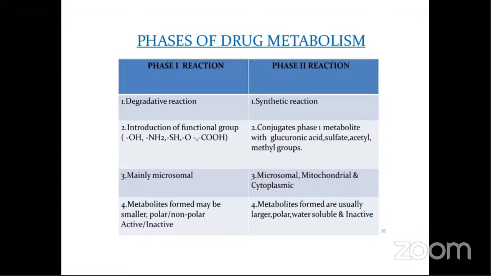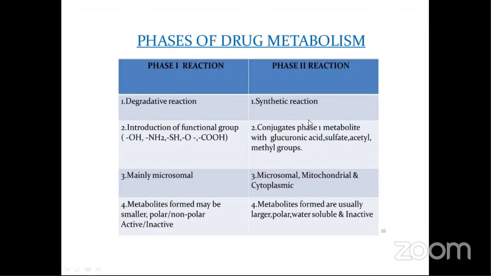In phase 1 you have degradative reactions. But in phase 2, you have synthetic reactions. In phase 1 there will be introduction of functional groups like OH, NH2, SH, COOH. But in phase 2 you have conjugation: conjugates of the phase 1 metabolite with glucuronic acid, sulfate, acetyl or methyl group.